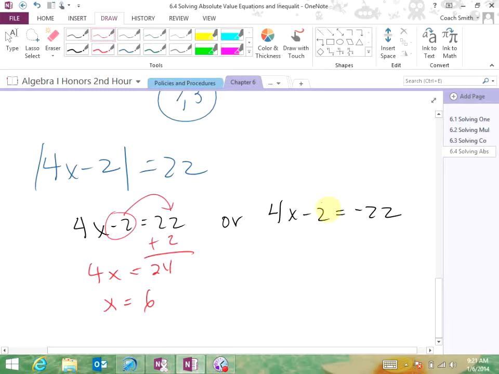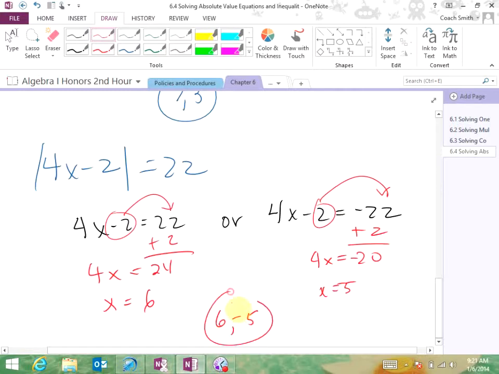Now, same thing here. Take that over, add 2 to negative 22, and that's 20. So you get 4x equal to 20, so x is equal to negative 5. So 6 and negative 5 is your answer.